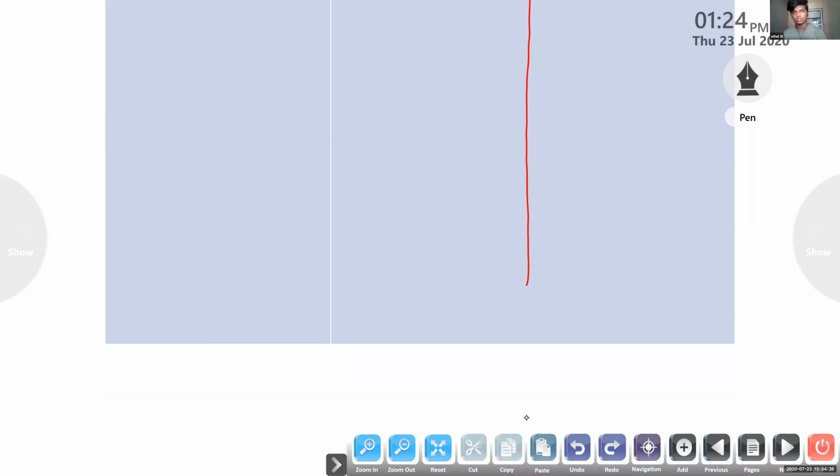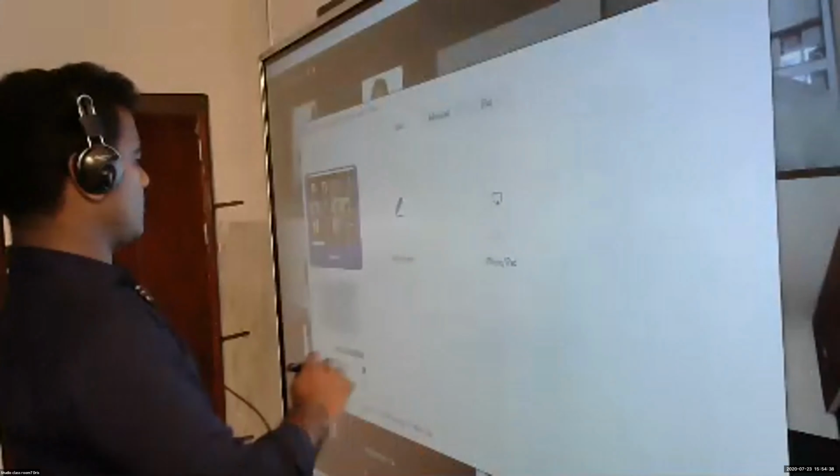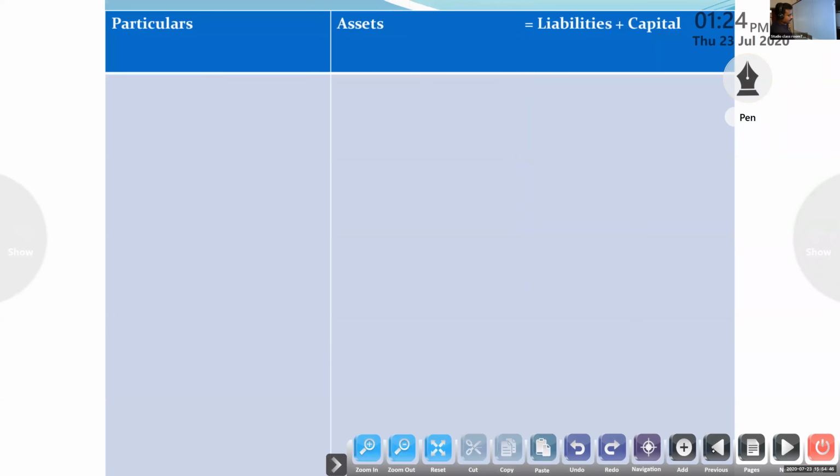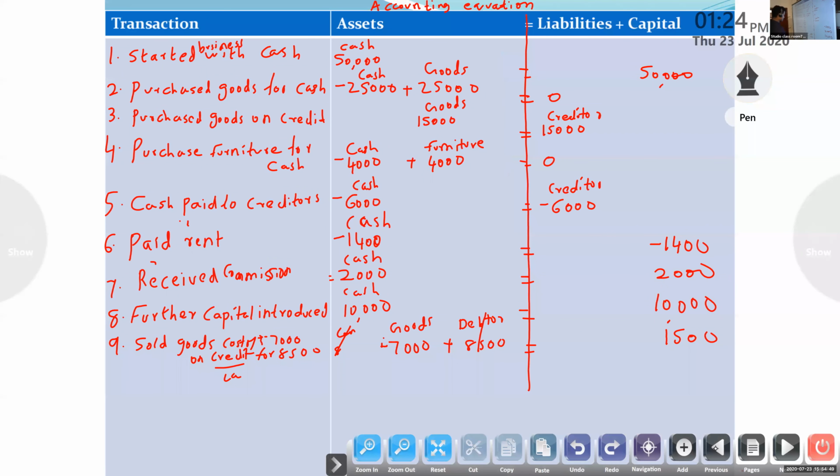Liability. That is 8,000 loan. So for the 10th you have to write bank loan received 8,000, cash 8,000, loan.